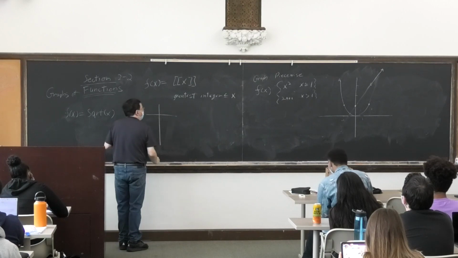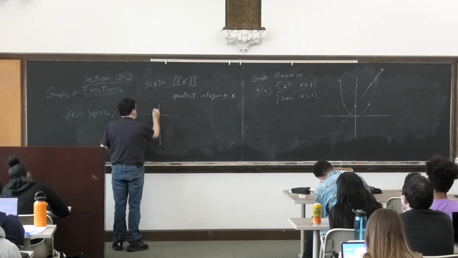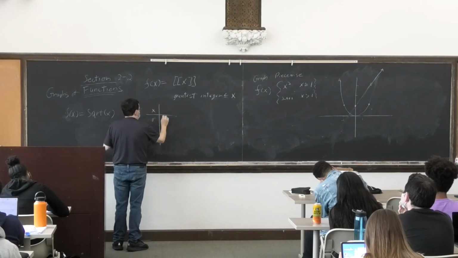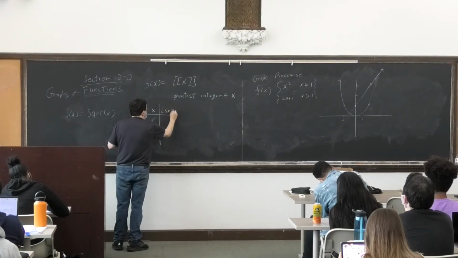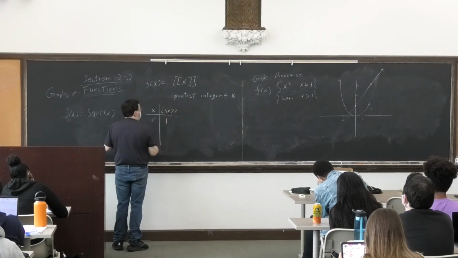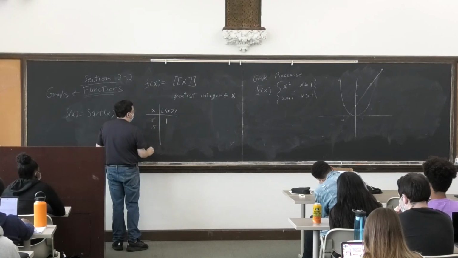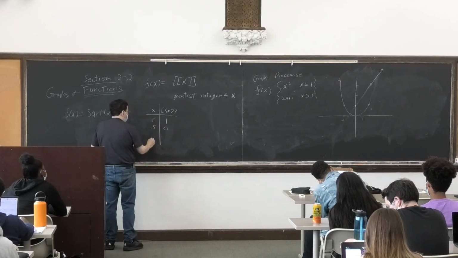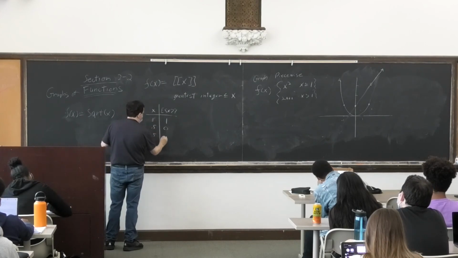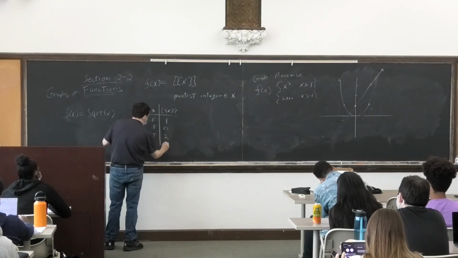So, for example, if x were 1, this would be 1. If x was a half, that would be 0. If it was 2.5, it would be 2, if it's 3, it's 3.